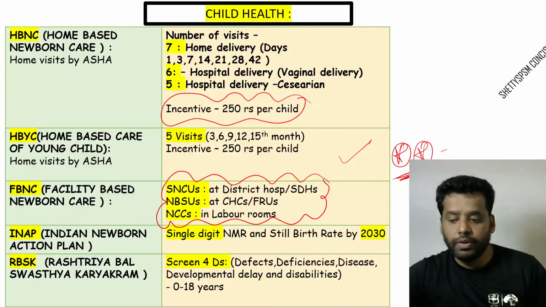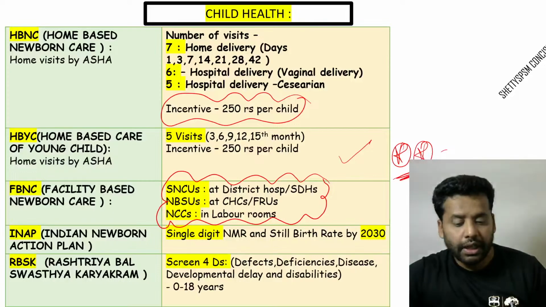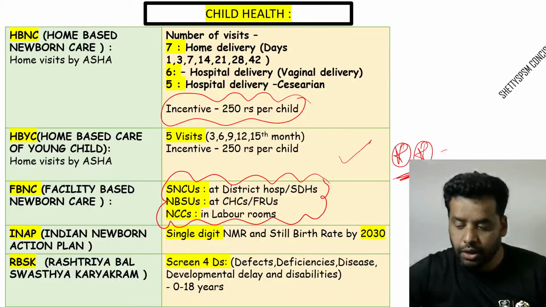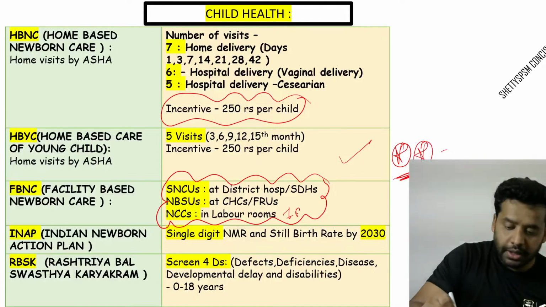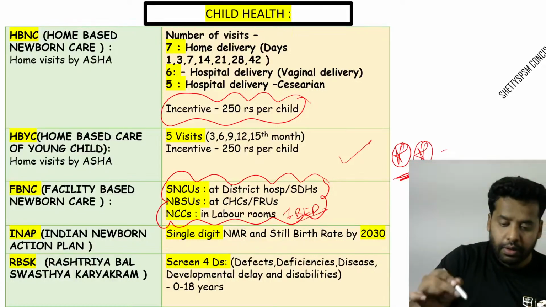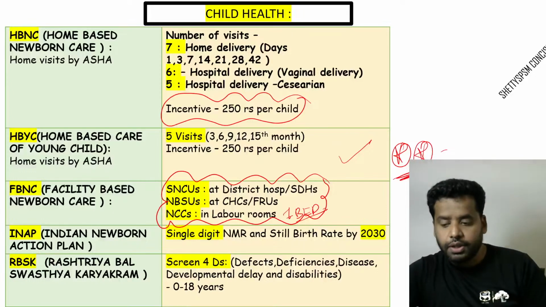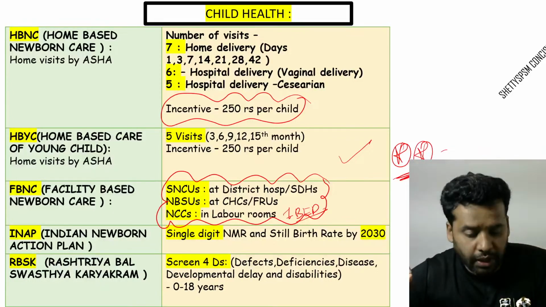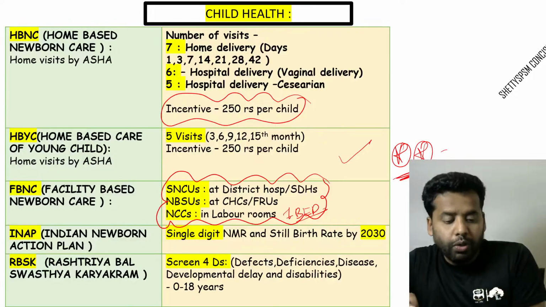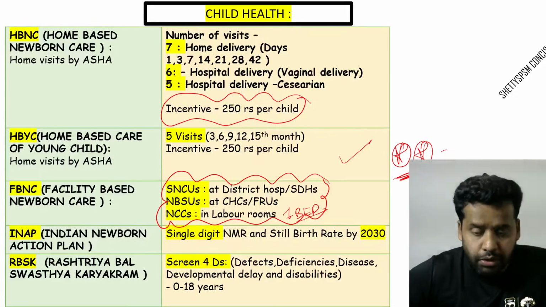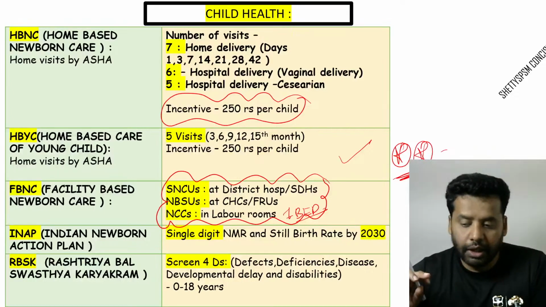In the labor rooms, when you go and check, there are always newborn care corners. So now match the following: special newborn care units, district hospitals; newborn stabilization units, CHCs; newborn care corners, labor rooms.